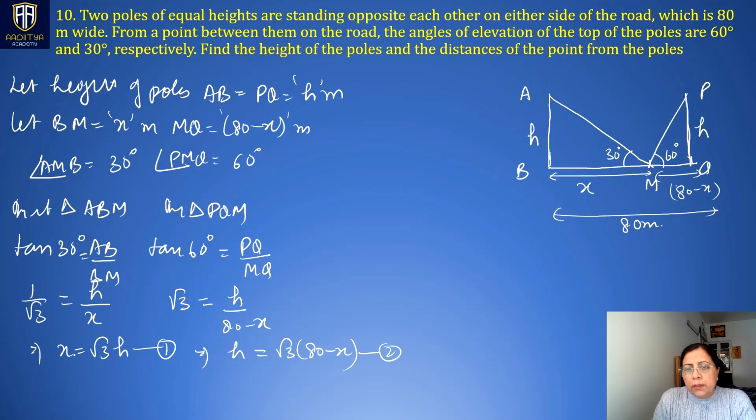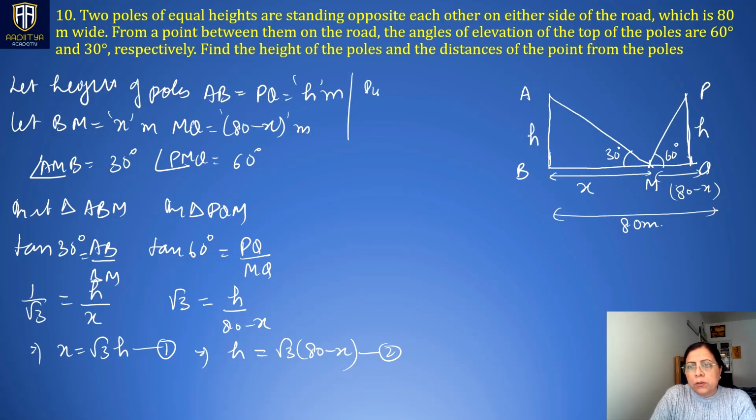Now here x is written in terms of h, here h in terms of x. So we can either eliminate x first or h first, because in this case we have to find both the variables. So it doesn't matter in which order you follow. So right now what I am doing is x is root 3h.